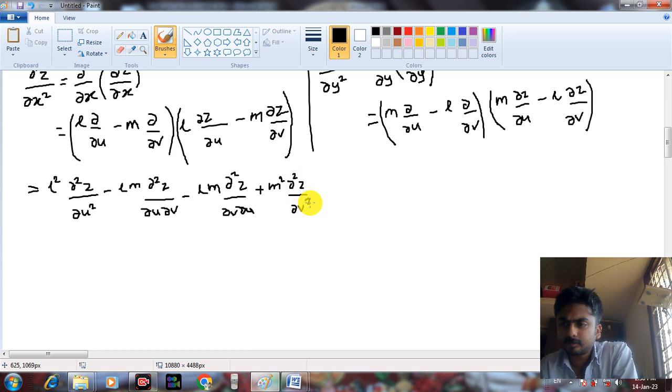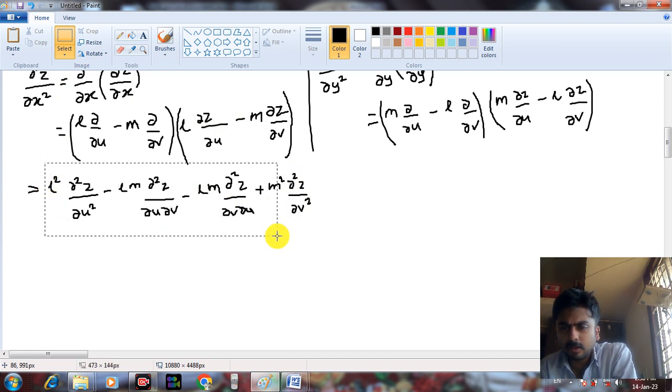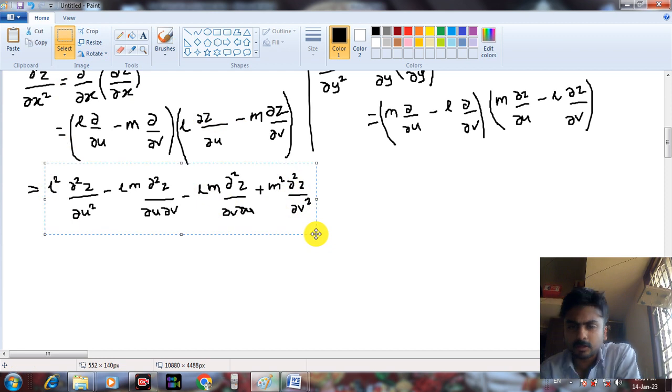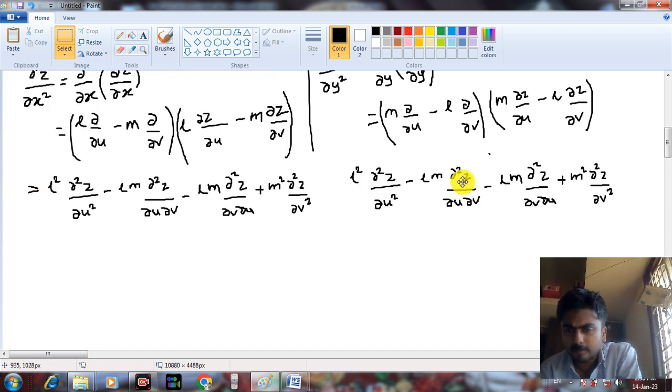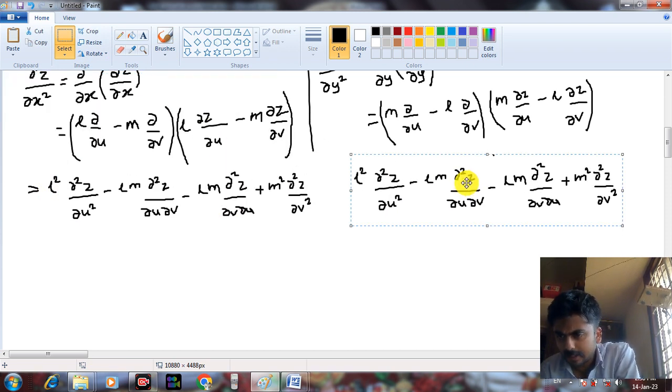Okay, here I am copying this value because we will get a similar type of value on the right for ∂²z/∂y². So I am copying this and pasting it here. Now I am taking the eraser.